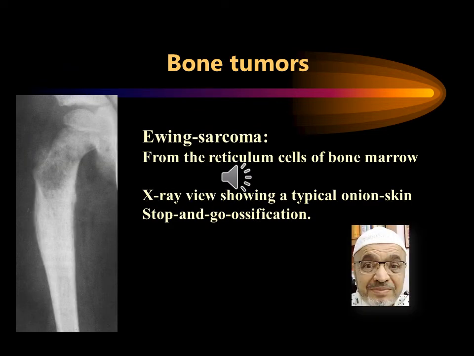Here also another X-ray view which demonstrates Ewing sarcoma at the upper part of the femur near the hip joint, arising from the reticulum cells of the bone marrow. X-ray view showing a typical onion skin and stop and go ossification.